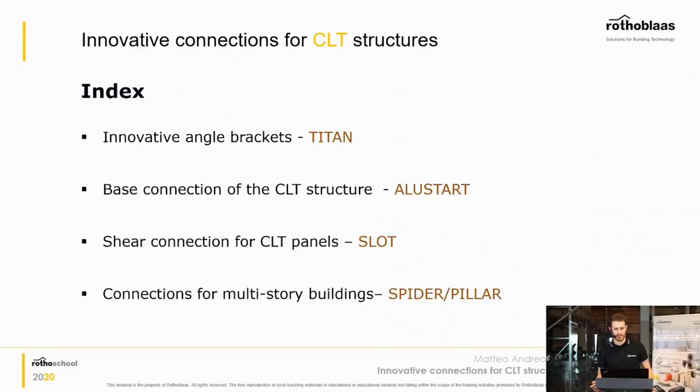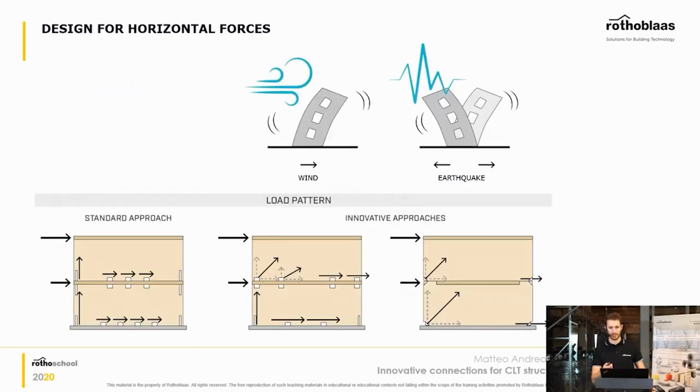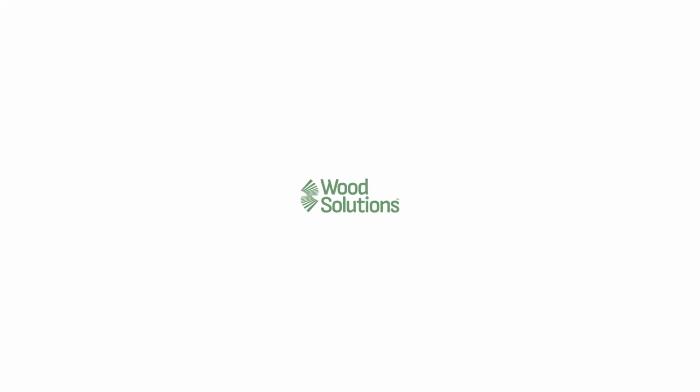Then we're going to move on to the base connection for CLT structures, which is the Alustart. This is a very nice innovative product. And to finish off, we're going to have a look at a couple of other products, the slot for shear connections of CLT panels, and the spider and pillar. Now, let's finish with the talking and move on with the presentation.